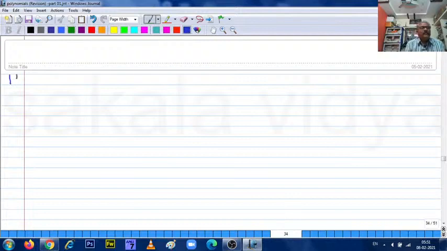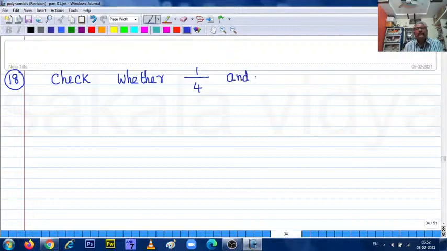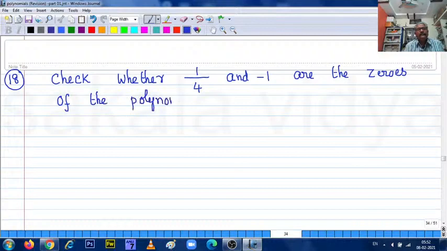And now the 18th question. Check whether 1 by 4 and minus 1 are the zeros of the polynomial P of x equals to 4x square plus 3x minus 1.